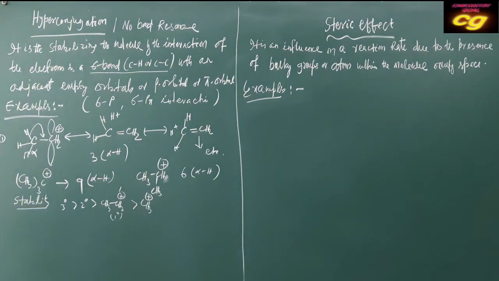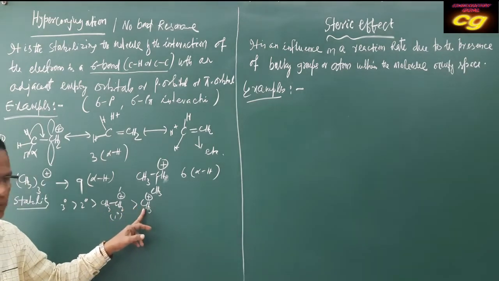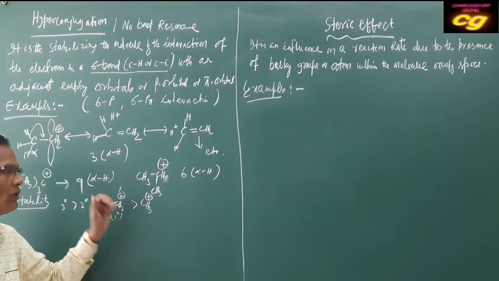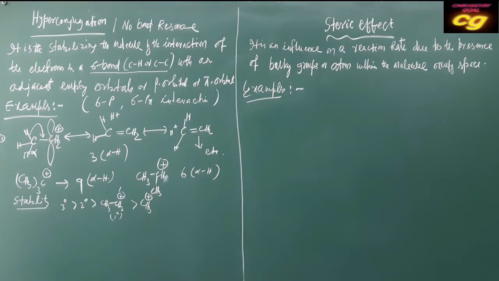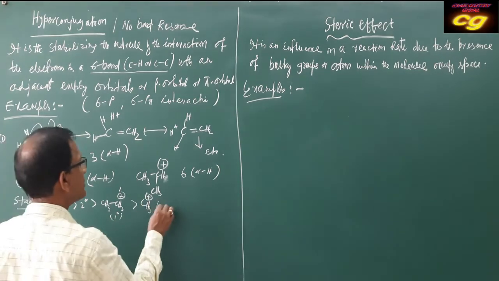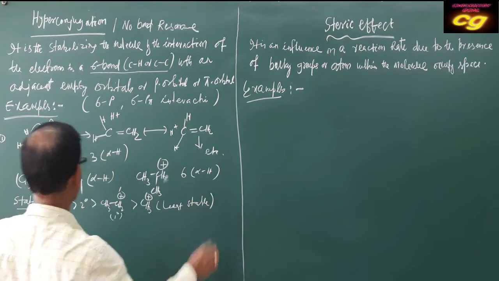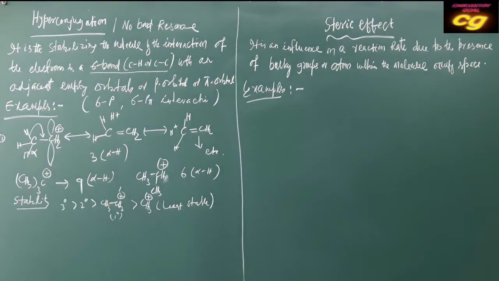The methyl carbocation is least stable because it has no alpha hydrogen atom. That's why delocalization is very less, so this is the least stable. This is related to the stability of carbocations: tertiary greater than secondary, greater than primary, like this.